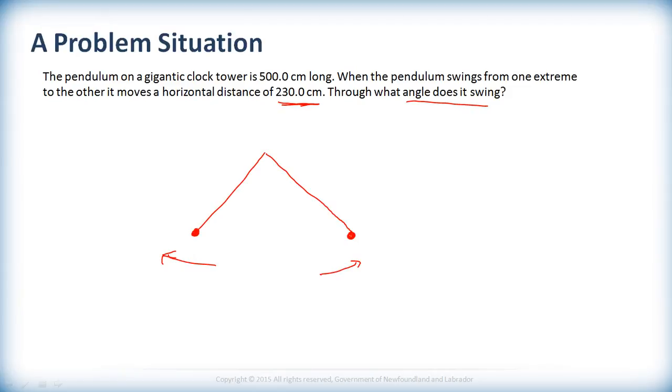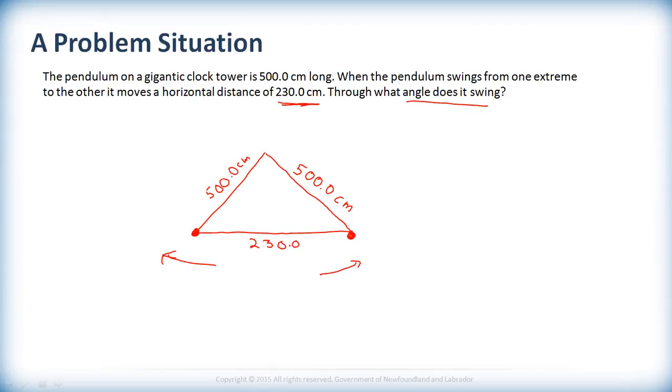And it would be hanging vertically down the middle if we're at its equilibrium point. Okay, so it says it's 500 centimeters long, so we've got 500.0 centimeters along here. But because of the symmetry of this thing, we're just looking at two different times, but it's the same pendulum hanging down here. That's 500 centimeters along that side as well. And as it swings from one extreme to the other, it moves a horizontal distance, so that's across here, of 230.0 centimeters.